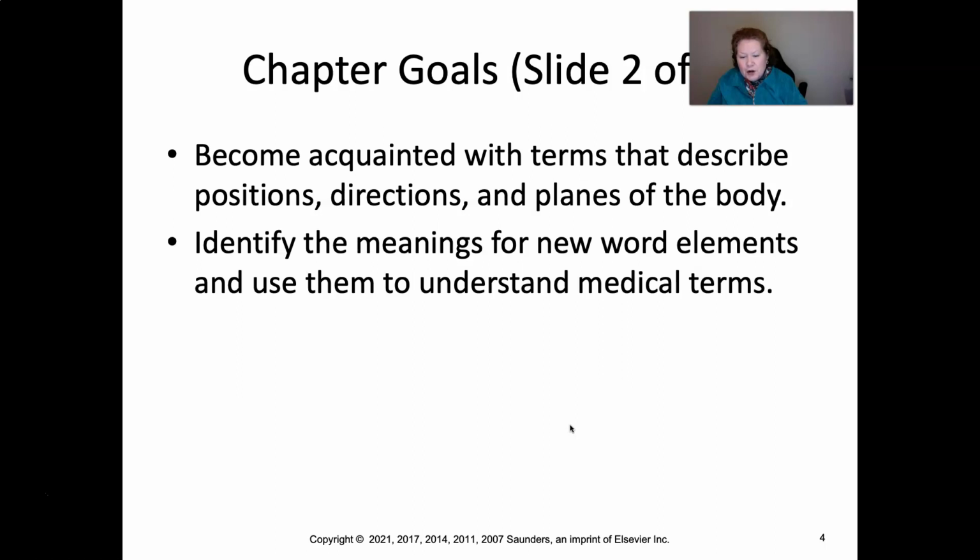So those are our program learning outcomes, or our unit objectives, for chapters 1 through 4.